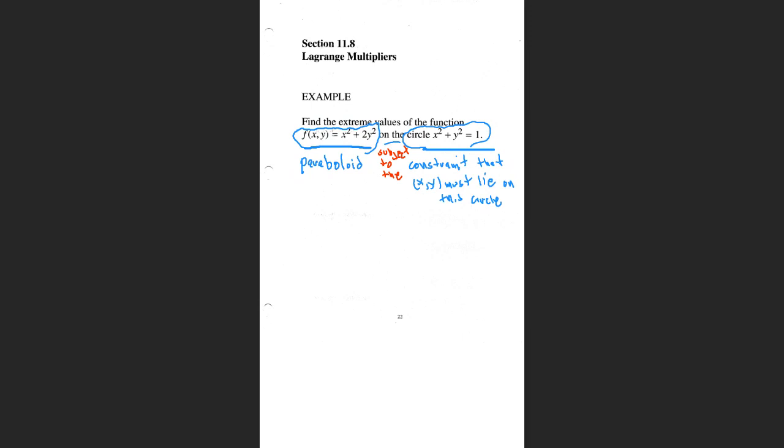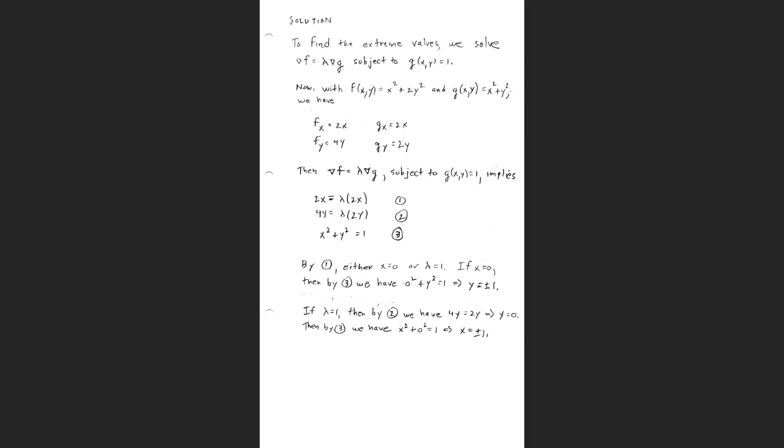So another way of reading this problem is we want to find the extreme values of this paraboloid, subject to the constraint that the xy coordinates must lie on this circle. Okay, and we're going to use the method of Lagrange multipliers to do this. So let's work it out. All right. So first of all, remember, let me just go to the ebook here.